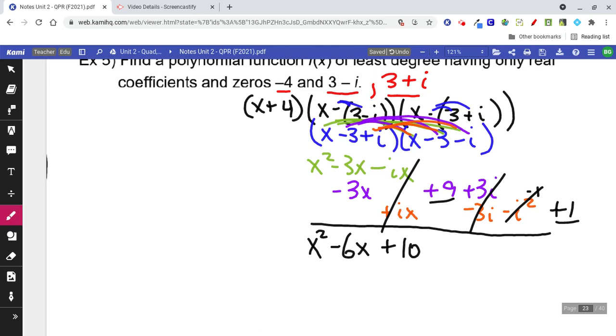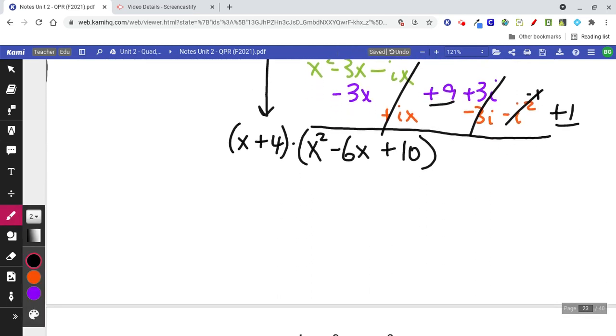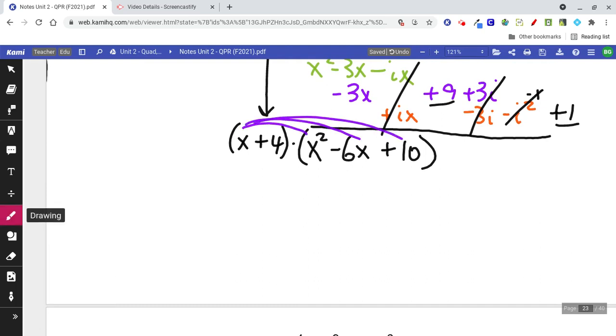Now that's not finished because that's only what I got when I multiplied those two. I'm still going to need to multiply times x plus 4. So I need to do more distributive property. Distribute this x. I'm going to get x cubed minus 6x squared plus 10x.